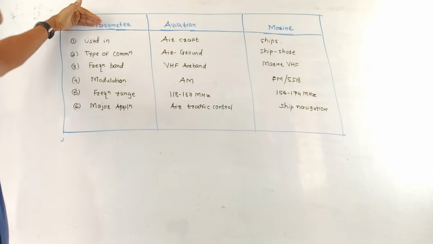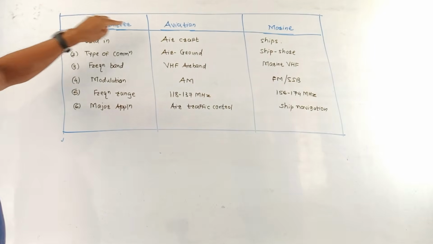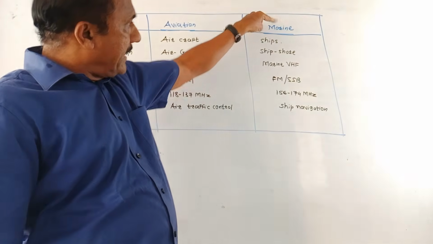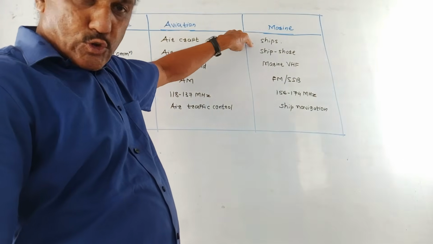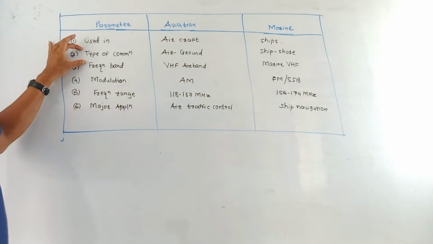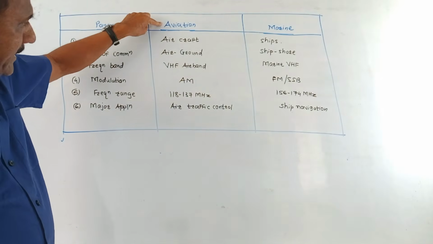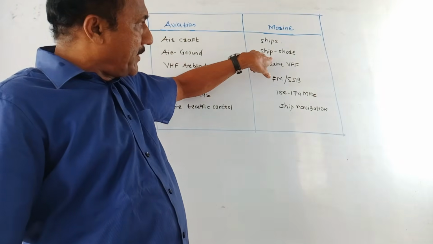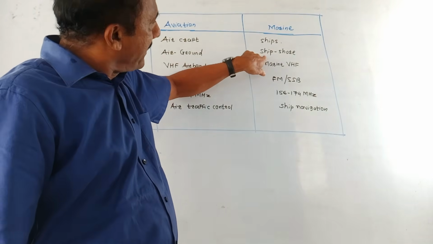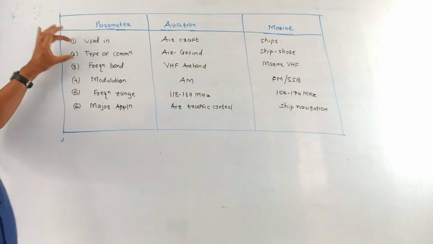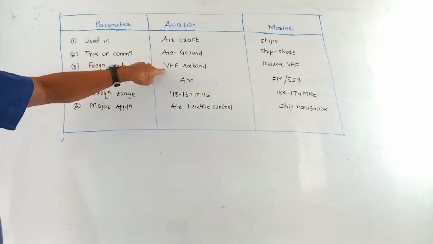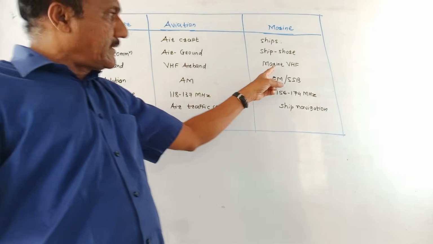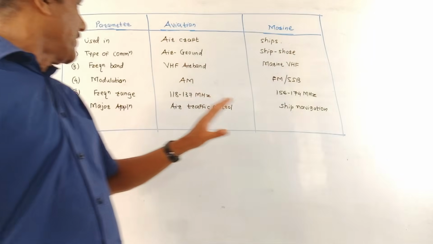We'll consider different parameters. First parameter: aviation is used in aircraft communication, whereas marine communication is used for ships. The type of communication: aviation is between air and ground, whereas marine communication is between ship to ship or between ship to the shore. Then frequency band: VHF is usually used, that is VHF air band for aviation, whereas marine VHF for marine communication.